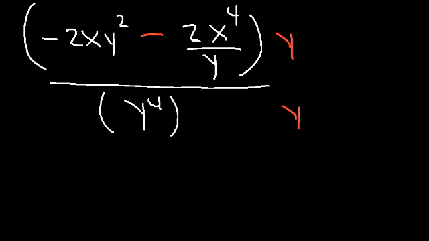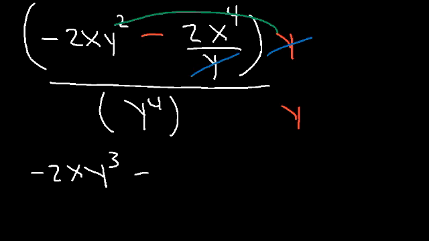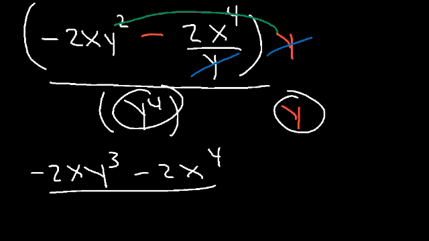So on top, we need to distribute the y. y times negative 2x y squared is going to be negative 2x y to the third. And y times this expression, the y's will cancel, and you simply will get negative 2x to the fourth. And on the bottom, y times y to the fourth is y to the fifth.